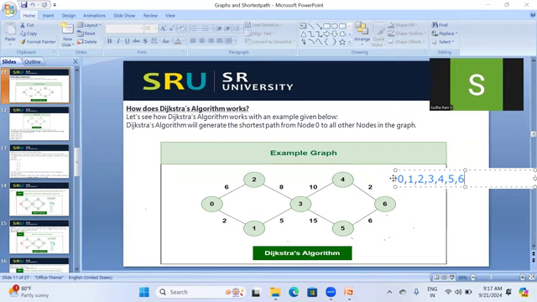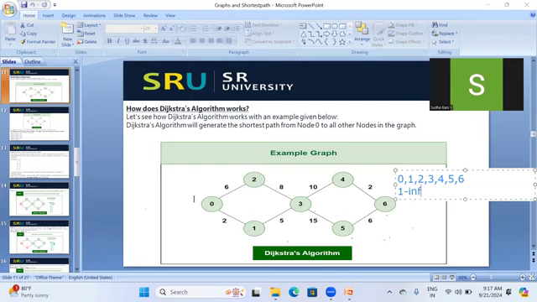But when we start traversing, we take every value as infinity. So when I am traversing from 0 to 1, at the starting stage, I consider that the distance to travel from 0 to 1 is infinity. Without traversing, I cannot calculate the value, and I cannot identify what the distance between 0 and 1 is.